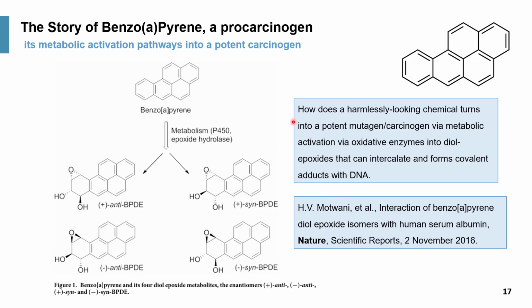So the question is, how does a harmless-looking chemical such as an aromatic compound with not a lot of structure turn into a potent mutagen or carcinogen? The pathway is actually through metabolic activation through oxidative enzymes into a diol epoxide. It turned out that most of the aromatic compounds are pretty non-carcinogenic.